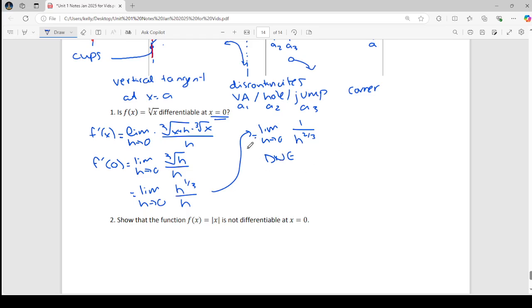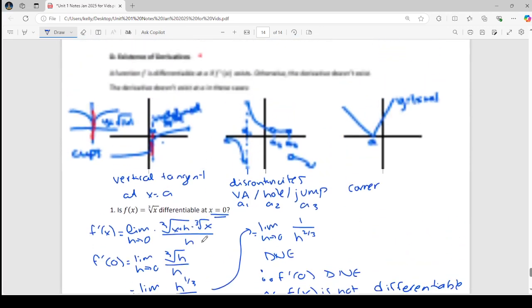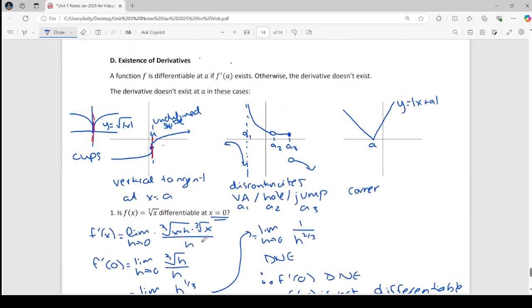So this limit doesn't exist. Then f prime at 0 does not exist, or f of x is not differentiable at x equals 0. Maybe pop it into Desmos and see what that graph looks like and which of these 4 cases it visually is.